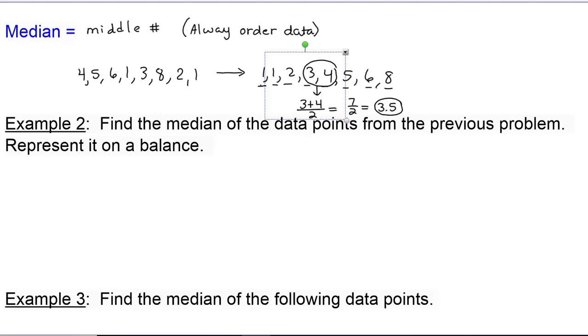Now, if we had an odd number of data points, let's say we have 1, 2, 3, 4, 5, 6, and 7. And when we go to see our exact middle, we can see that the 4 is our exact middle, so that is the median.